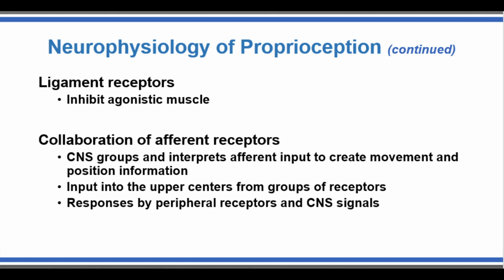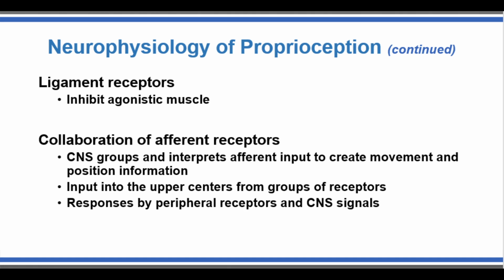You can also have a collaboration of the afferent receptors, such that the central nervous system is able to integrate and interpret any sort of sensory input to create movement and positional information as well. There is now evidence to demonstrate the neurosystem's complexity in response to facilitation.